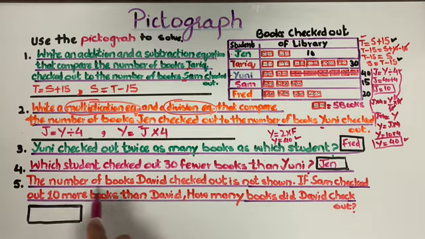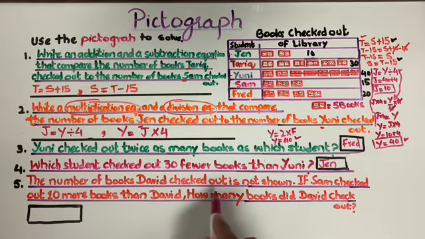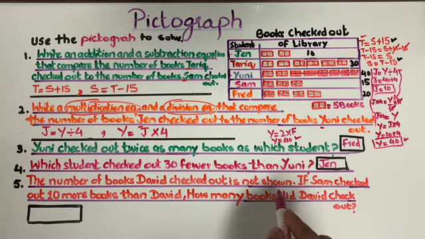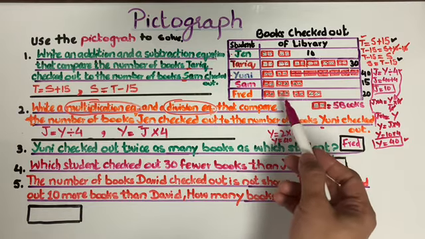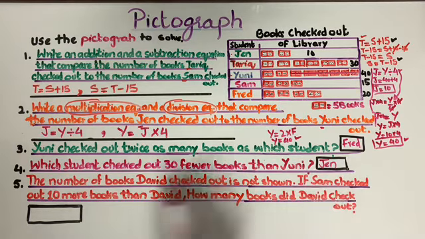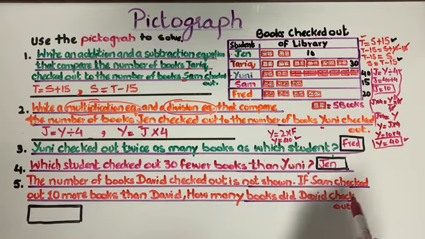Question 5. The number of books David checked out is not shown. Yes, they didn't show us David's checked out books. If Sam checked out 10 more books than David, how many books did David check out?